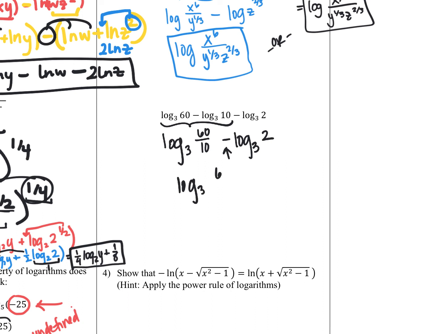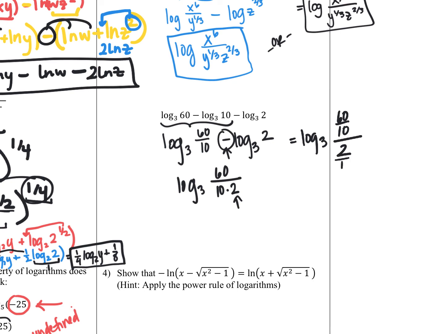So it'll be 60 over that 10 times 2, because again, that went in the denominator. If you want to see why that's working, maybe you missed that step. If we wrote it out as log base 3 of 60 over 10 over the 2, because of that subtraction, we divide, and it's one single log.